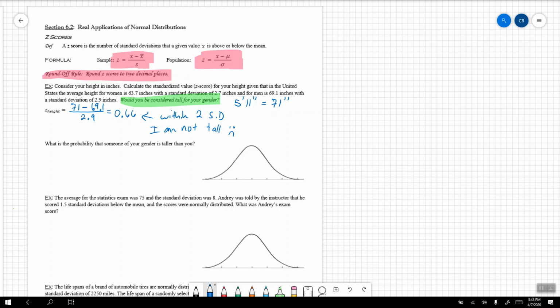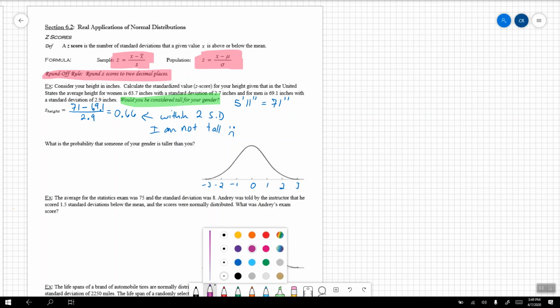Now the question becomes, what is the probability that someone of my gender is taller than me? Well, that seems like a question from last time, so let's see if we can go through it. Again, what I'm doing here is using the standard normal distribution and my z-score.